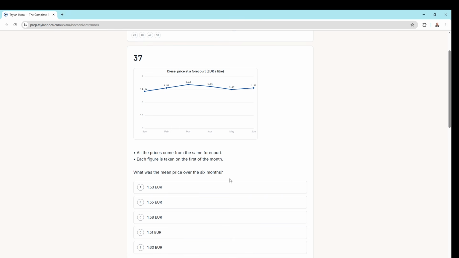60 minus 5, 55. The correct answer is 1.55. You see, I didn't want to deal with decimals. I got rid of that. I didn't want to deal with hundreds. I didn't think about those, 42, 55, 60. This is the nice thing about the mean because all of them have hundreds, right? And I didn't want to add those and divide by 6 as well.